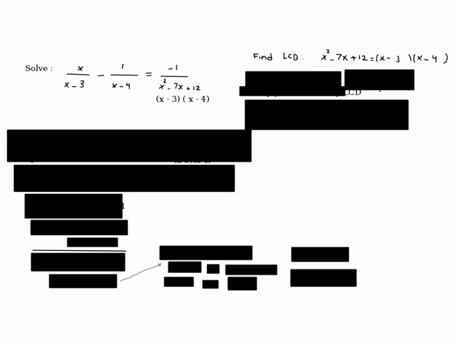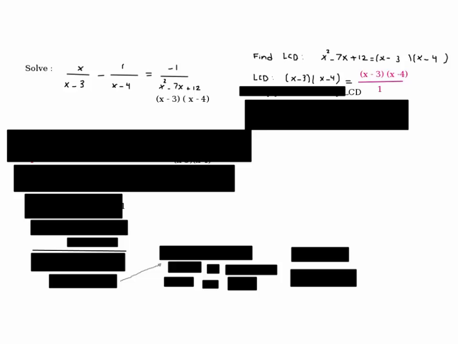So what would be the LCD then, anybody, once I factor them? What is the LCD? x minus 3 and x minus 4. Right, so that would be the LCD. I can make it look like x minus 3 times x minus 4 over 1.